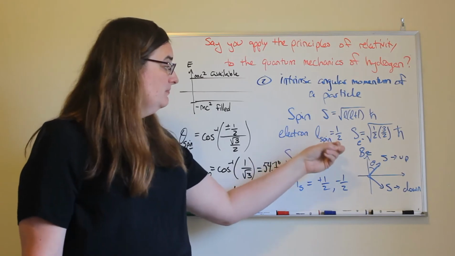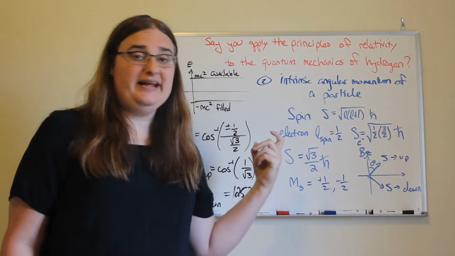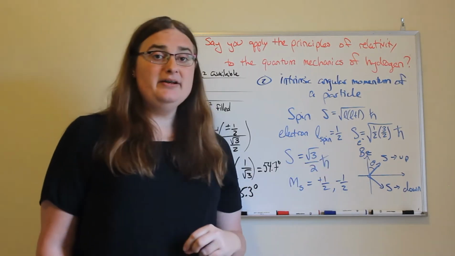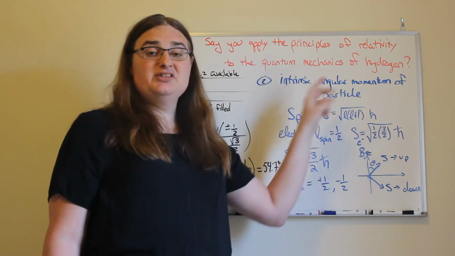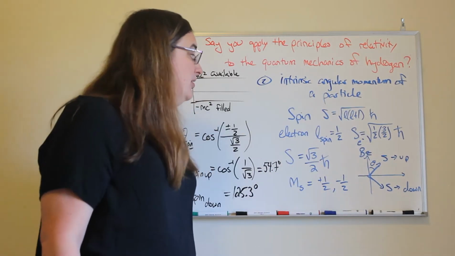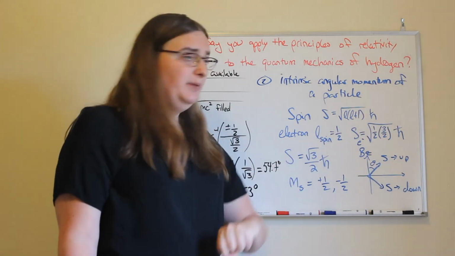So if a spin of 1/2 is what our particle has, which is what an electron has, the spin angular momentum is going to be the square root of our spin quantum number times that spin quantum number plus 1. So that would give me the square root of 1/2 times 3/2 times h bar.